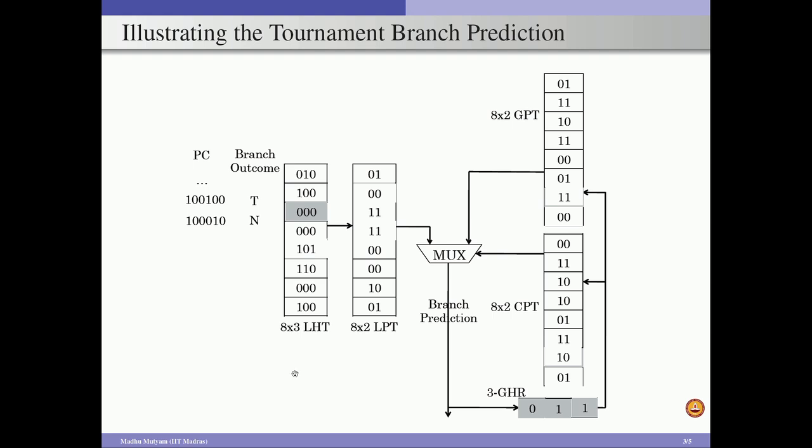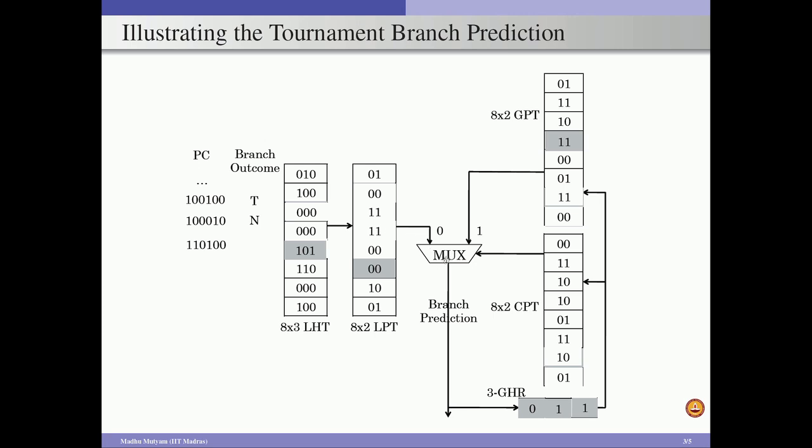After this, now there is a next branch. This branch is same as the branch we already executed, and as a result it is now pointing to the 4th entry in the LHT, which has a value 101 now. Once it has a 101, we are pointing to the 5th entry in our LPT, which has a value 0. That indicates that according to our local prediction table, the branch is not going to take place.